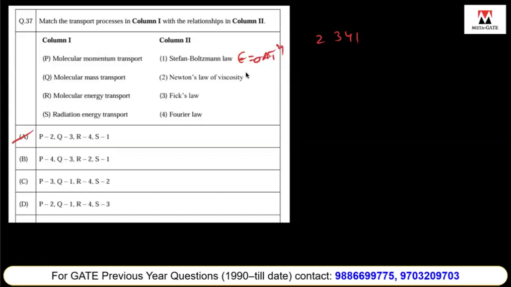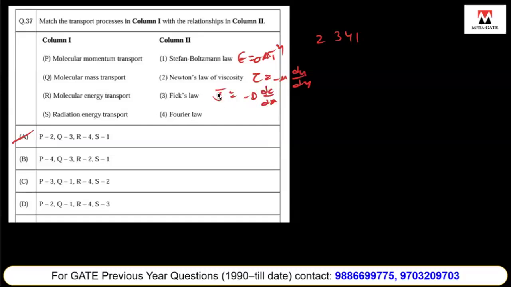Newton's law of viscosity describes the relation between shear stress and velocity gradient in a fluid: tau is equal to minus mu into dou u by dou y, where mu is dynamic viscosity, dou u by dou y is velocity gradient, tau is shear stress. Fick's law gives the diffusion of a substance through another substance. That is, flux is given by minus D into dou c by dou x, where this is the concentration gradient, this is the diffusion coefficient, and this is molar flux.